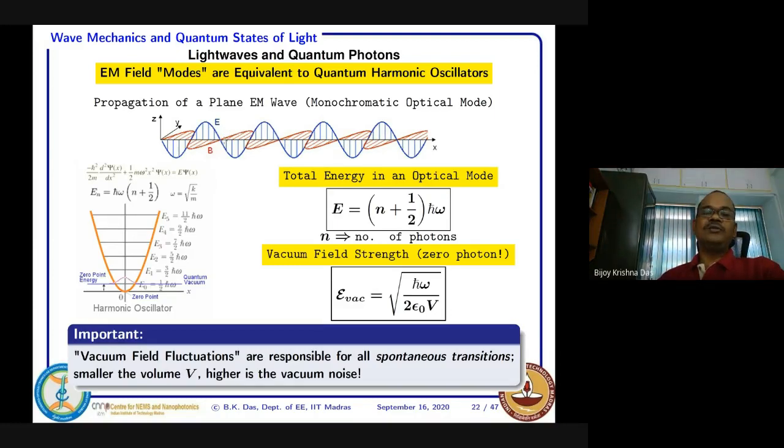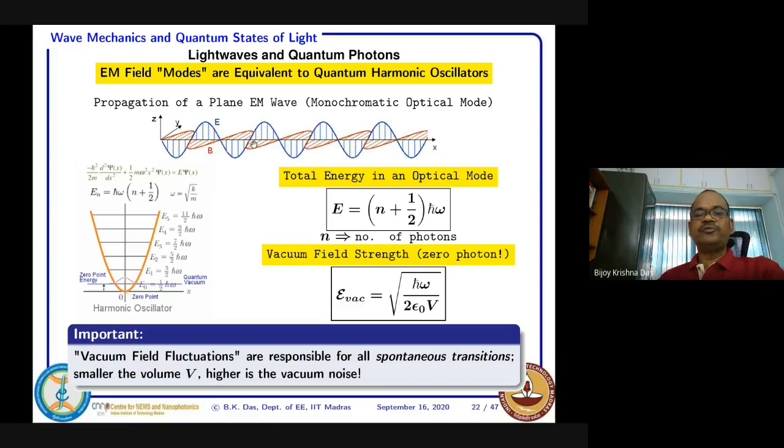One type of energy moves to another, electrical energy to magnetic energy, and magnetic energy again back to electrical energy. In this way energy propagates. If you compare with a harmonic oscillator, there are also potential energy and kinetic energy.